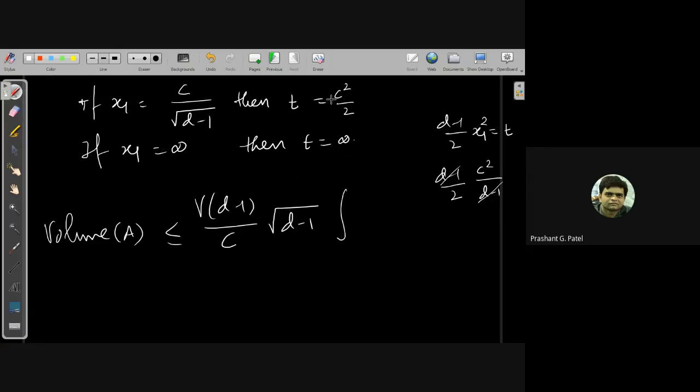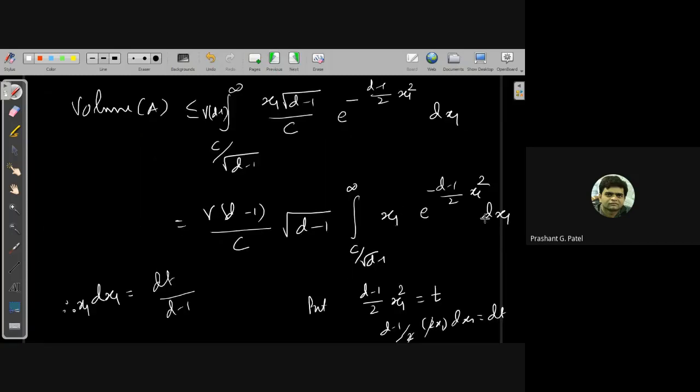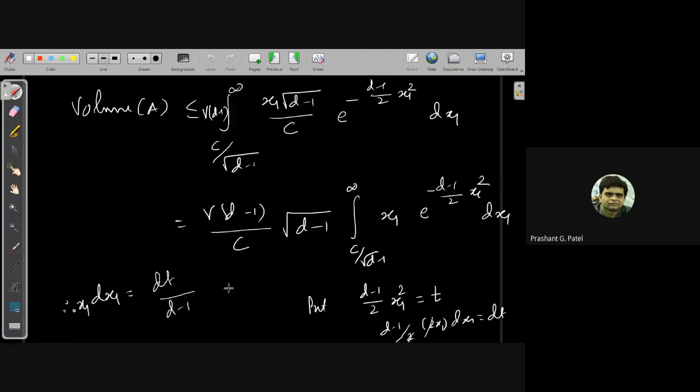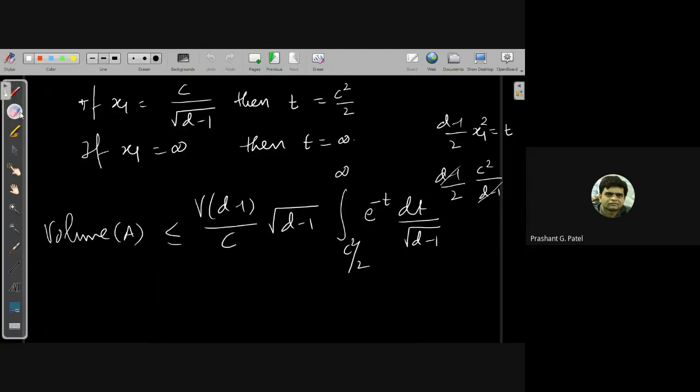Integration from c square by 2 to infinity of e power minus t, because x1 into dx1 is this dt upon d minus 1, dt upon d minus 1.